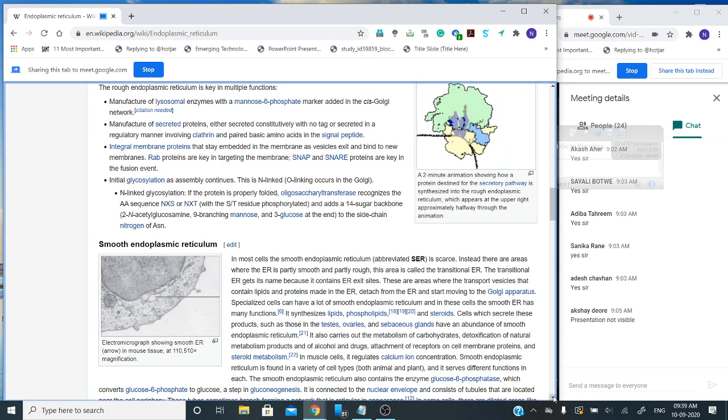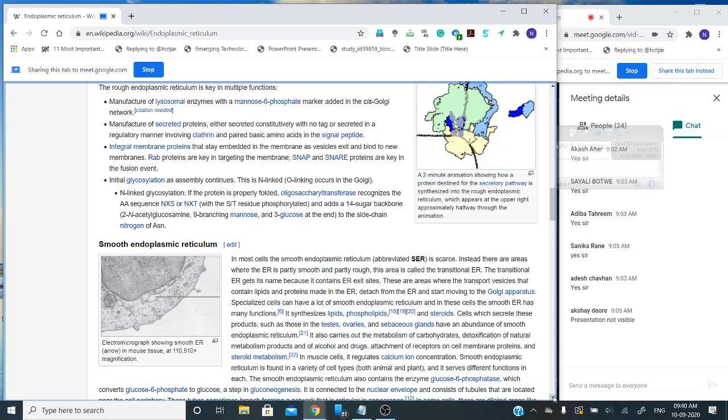Then initial glycosylation assembly is there. N means nitrogen linked glycosylation, or oxygen linked. If the protein is properly folded, oligosaccharide transferases are the enzymes. They recognize the amino acid sequences, and accordingly add the sugar to the protein backbone. This N-acetyl glucosamine is present in many places.